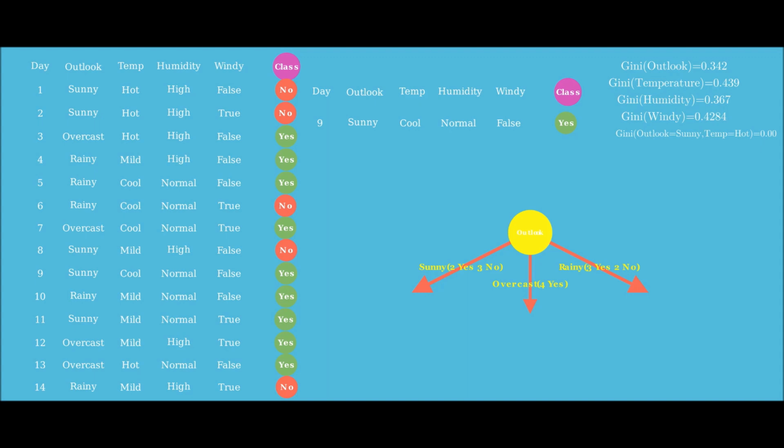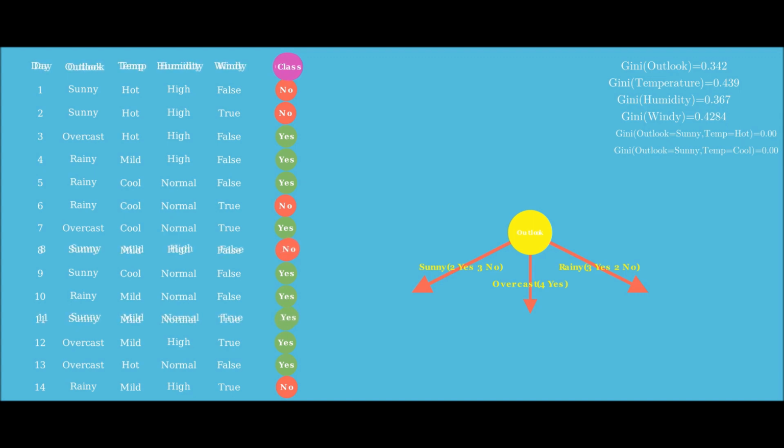So Gini index would be calculated, and thereafter after cool, Gini index for outlook equal to sunny, temperature mild would be calculated. You can see that Gini index for outlook sunny, temperature cool is also 0 because there was a single class.